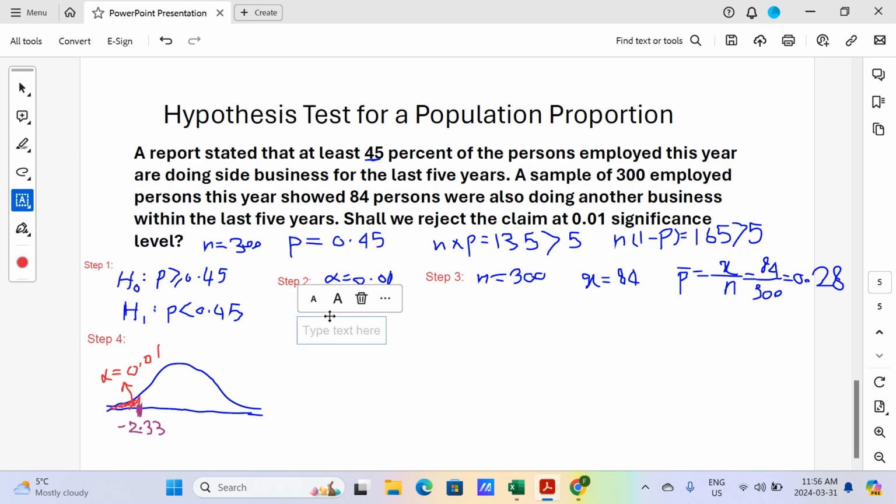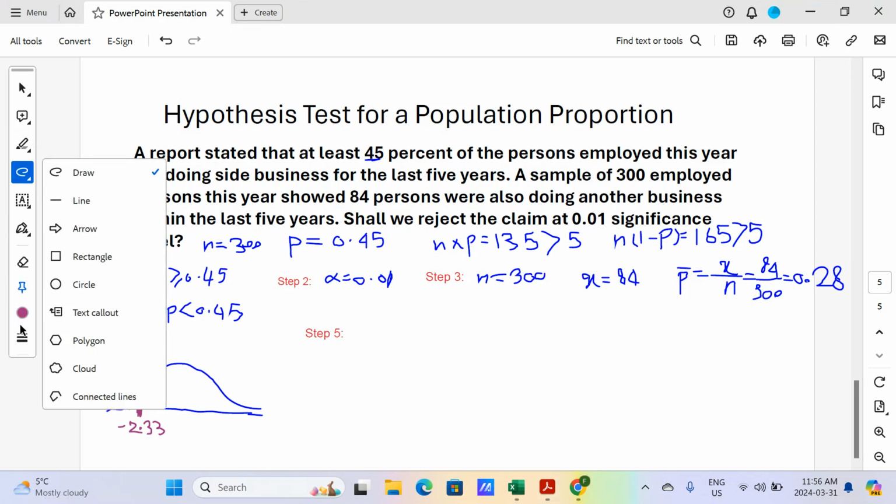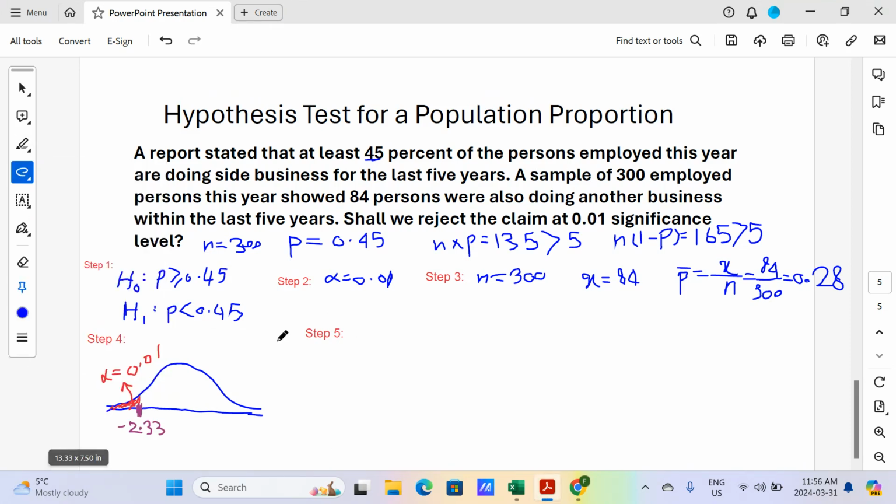In step 5, I need to find the z value of p bar, the sample proportion, by this formula.